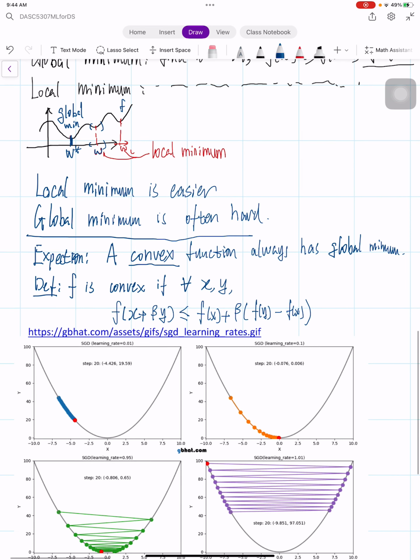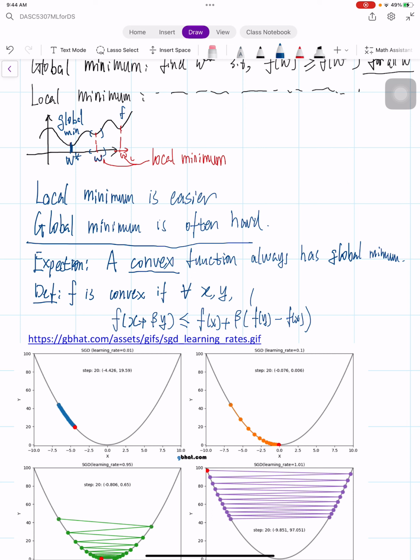The direct interpretation is, for example, a quadratic function is convex.